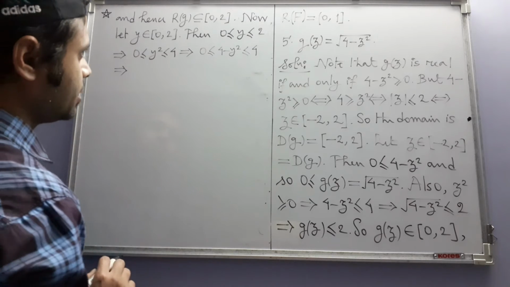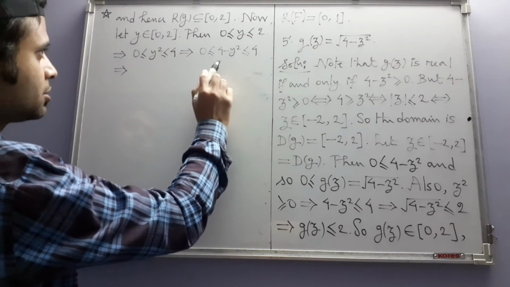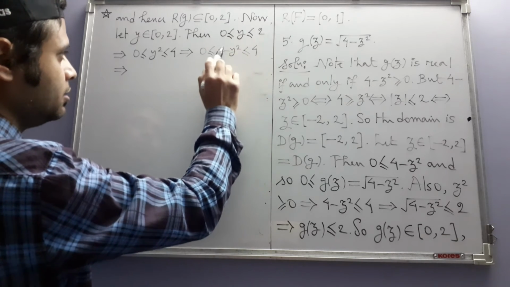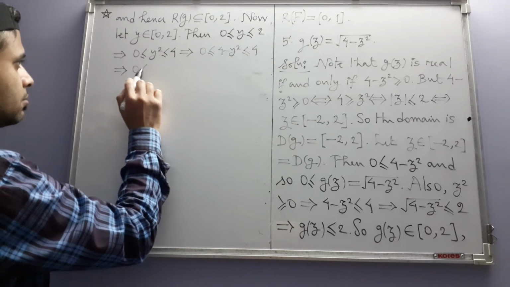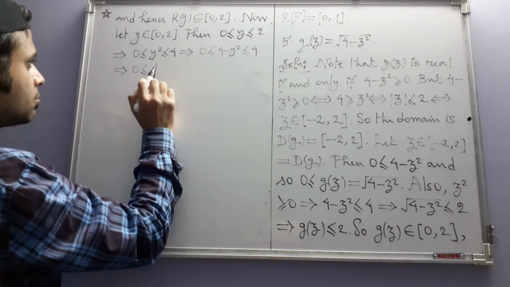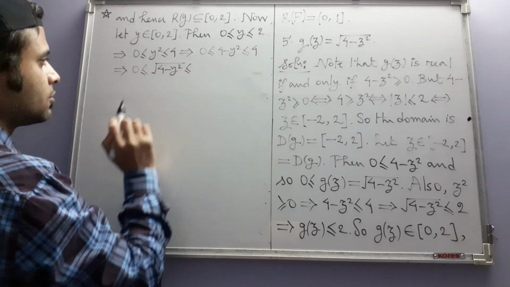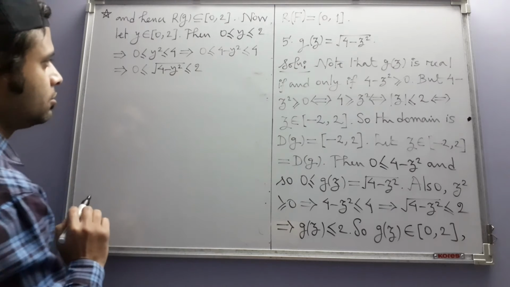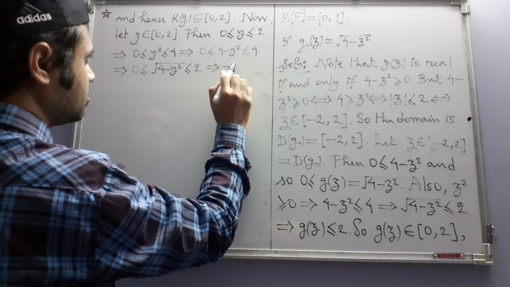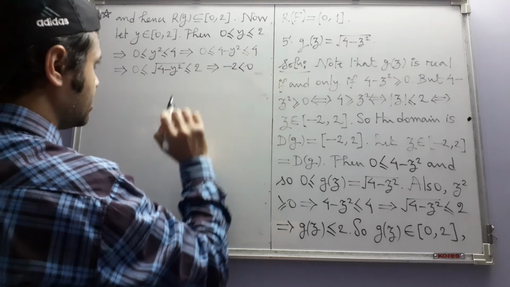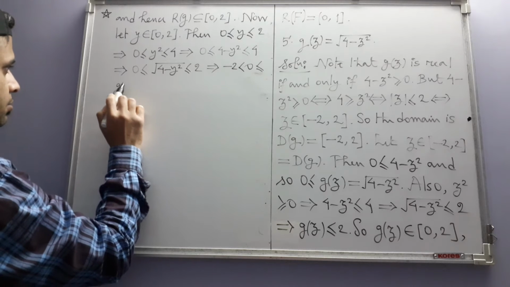Now this implies, now we can take positive square root again, because of the same reason that just like y, 4 minus y square is non-negative. So root 4 minus y square is less than or equal to 2.